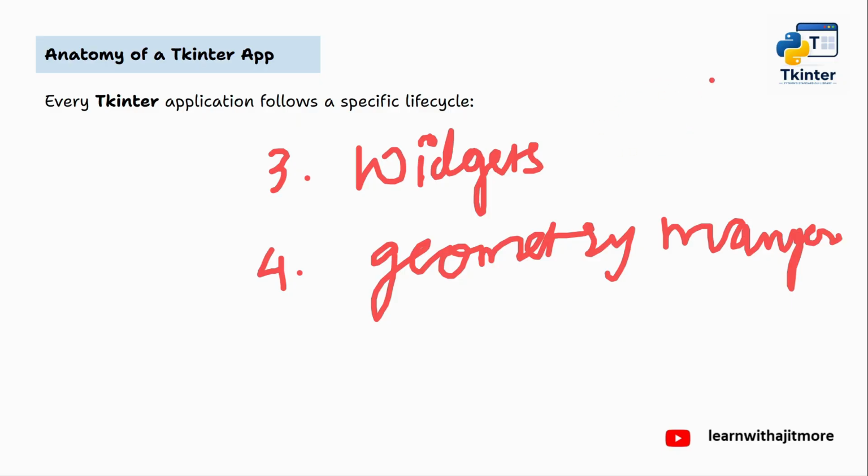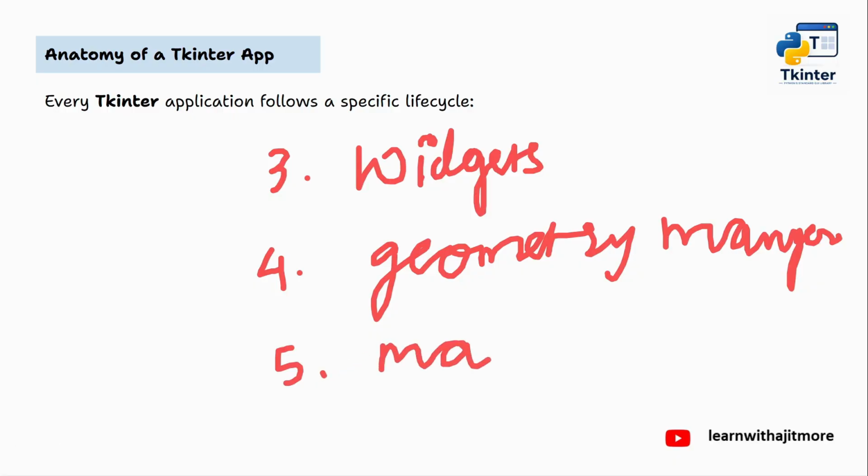Will they be placed in grid form, rows and columns, or will they stick towards the left or right side, or will they be placed at an appropriate XY position? Getting it? That is decided by the geometry manager. Till you set the geometry manager, the widgets are not visible. Please remember.